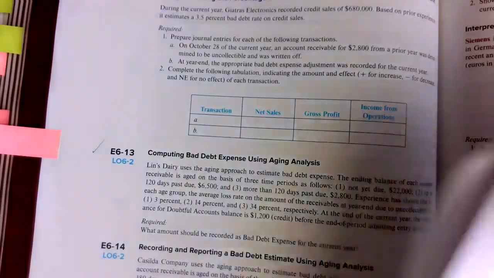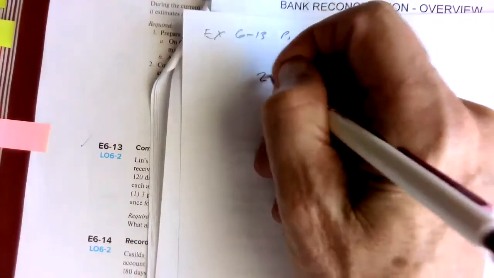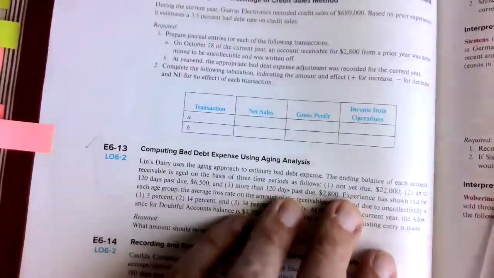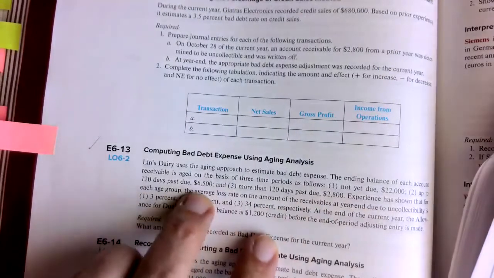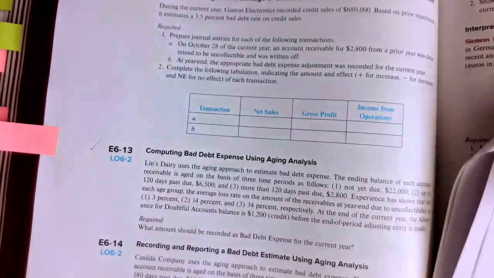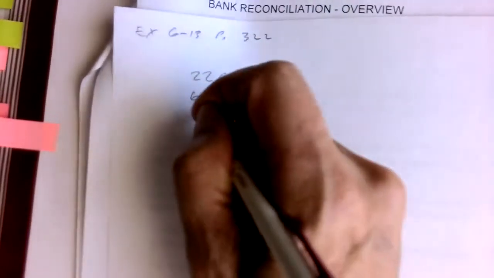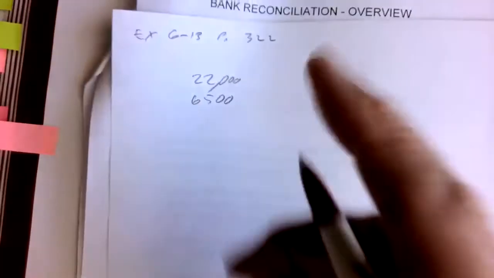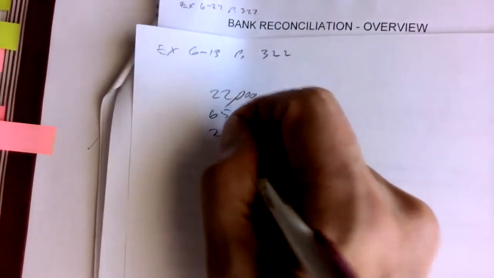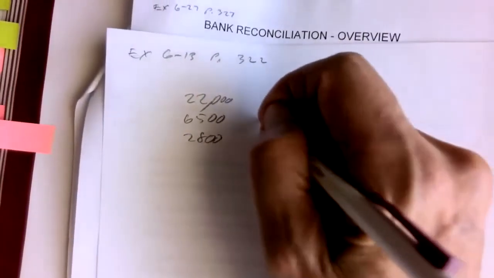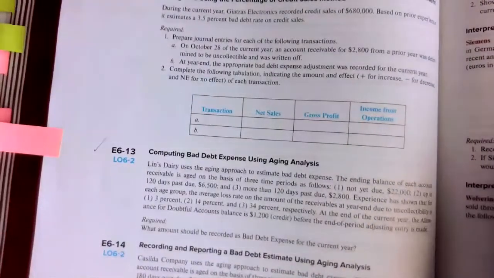Not yet due, 22,000. So I'm going to do the math here, 22,000. And up to 120 days past due, 6,500, and then 2,800. And then they give us the percentages to apply to each category, right? So let's see.